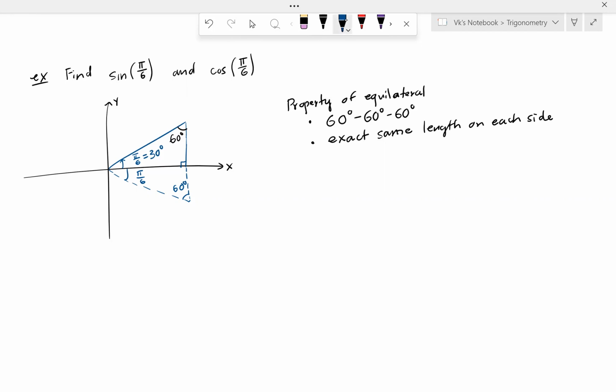Because we use the unit circle, the radius is 1, so that is 1. And this whole thing right here is also 1, which means that this side right here, y, is half of 1, which is half. And we just have to figure out x.